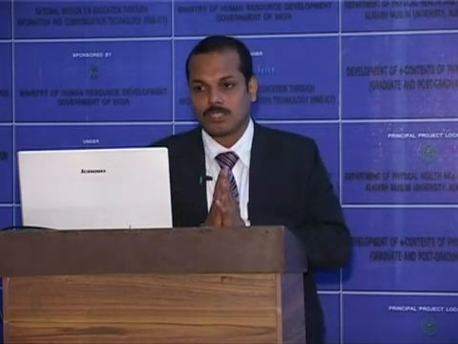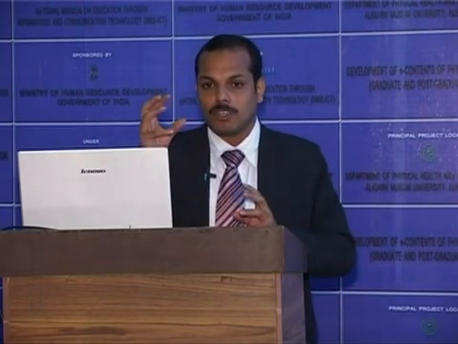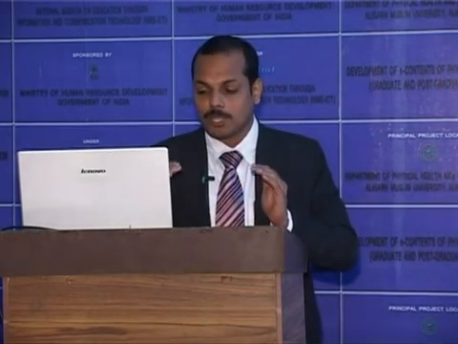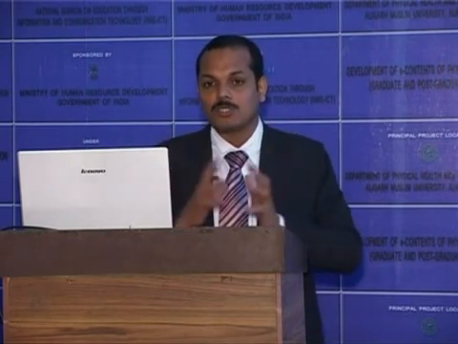There are three joints inside the knee joint capsule: two tibiofemoral joints, that is the joint between the tibia and femur, and one patellofemoral joint, that is the joint between the femur and the patella. So two tibiofemoral joints and one patellofemoral joint inside a single joint capsule make the knee joint.